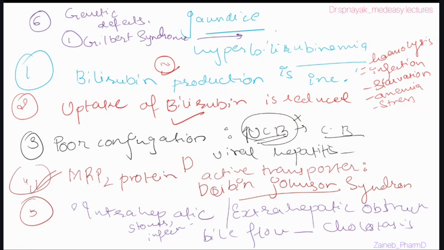In Gilbert syndrome, the glucuronide transferase or GT enzyme activity is reduced, leading to impaired conversion of unconjugated bilirubin to conjugated bilirubin. Okay, and the second is Crigler-Najjar syndrome.